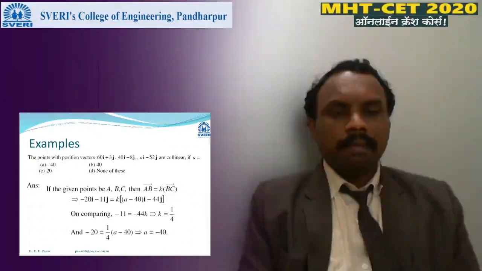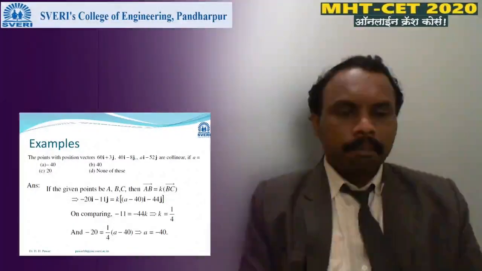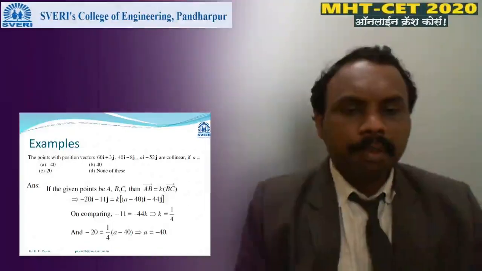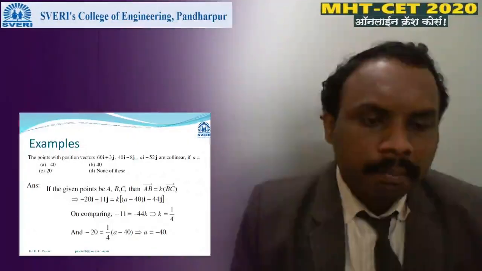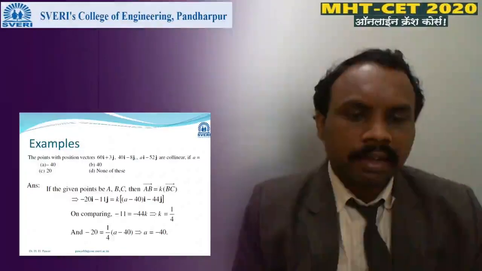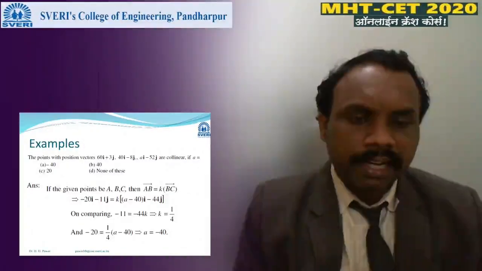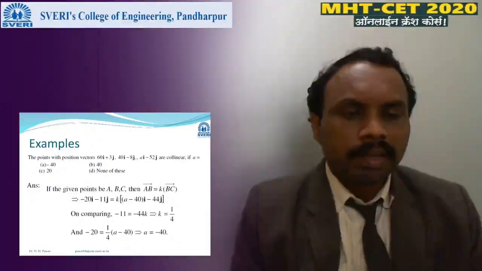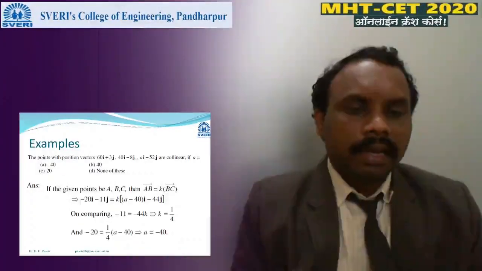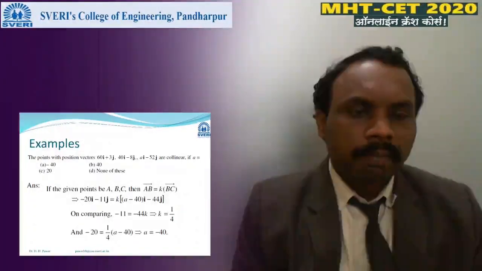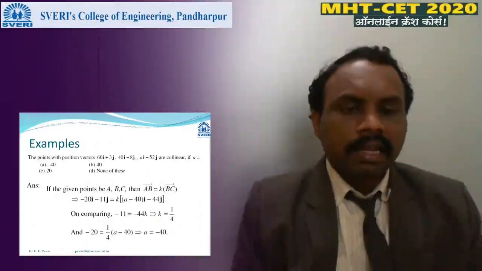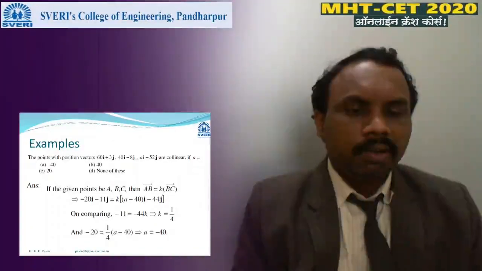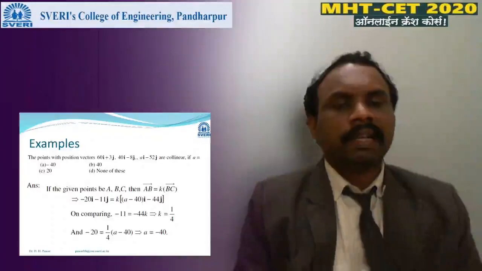Then AB bar is equal to k BC bar. Here AB bar is obtained by B bar minus A bar, which gives us minus 20i minus 11j, and BC bar is obtained by C bar minus B bar, which gives us (a minus 40)i minus 44j.